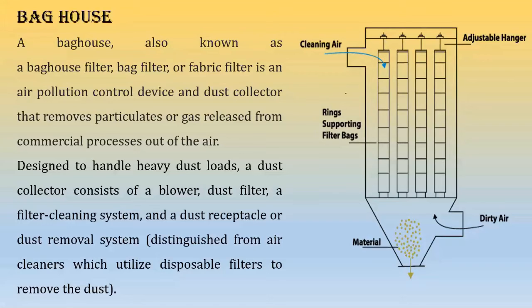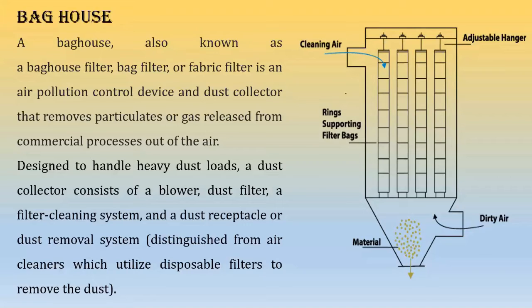This is basically a baghouse filter or bag filter, which is designed to take a huge amount of load and dust. Now what basically happens, the dirty air is blown from the bottom. Different small bags are present with adjustable hangers.